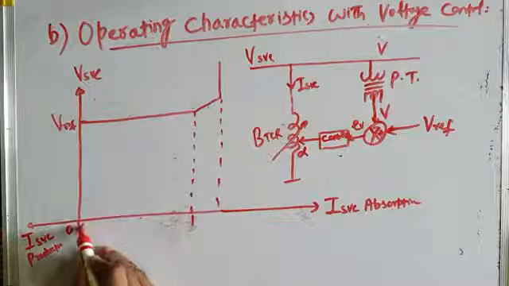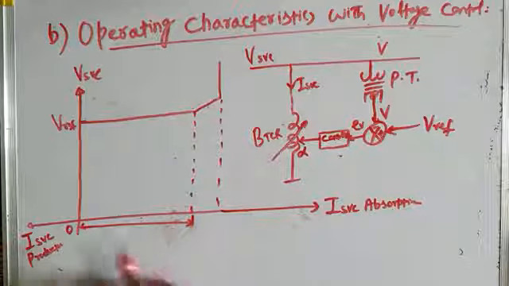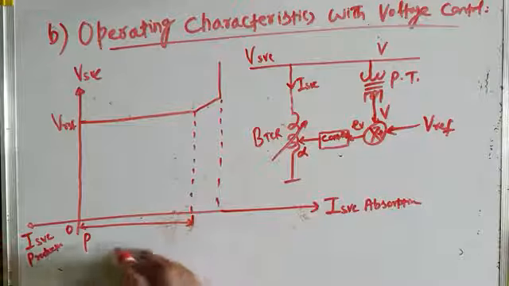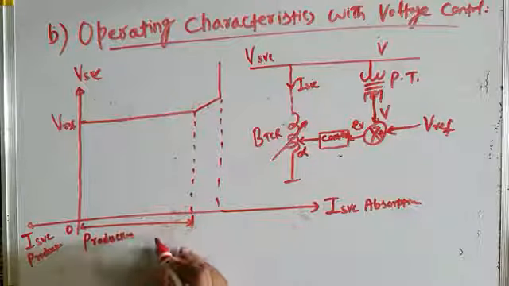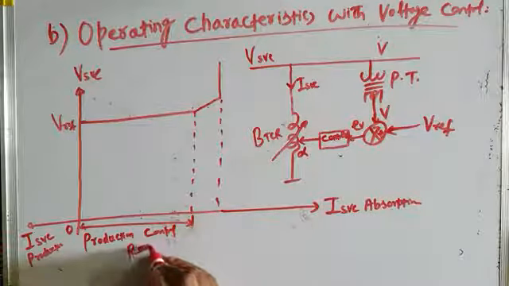This from here to here is called the production control range, or simply the control range also.